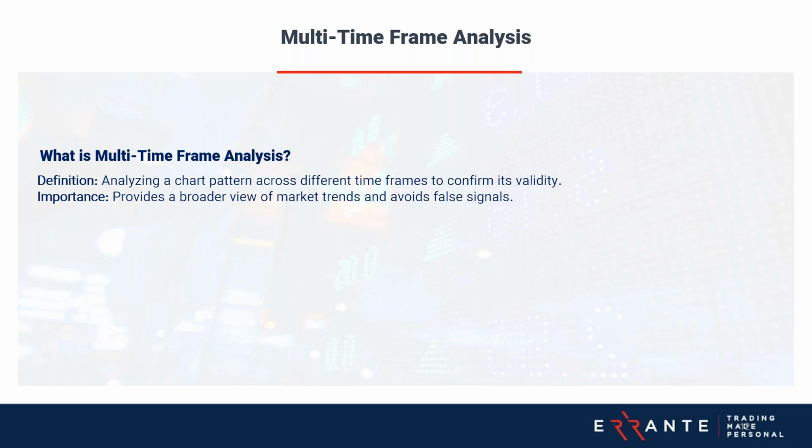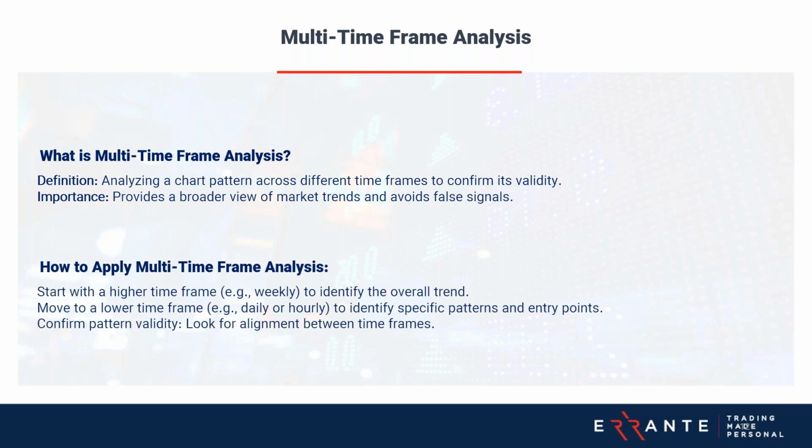But if the weekly chart shows a strong uptrend, the double top might just be a temporary pullback rather than a full reversal. By considering both the daily and weekly charts, we can better assess the strength and validity of the pattern. Let's see how we can apply it, and then get back to our MetaTrader for a real-time example.